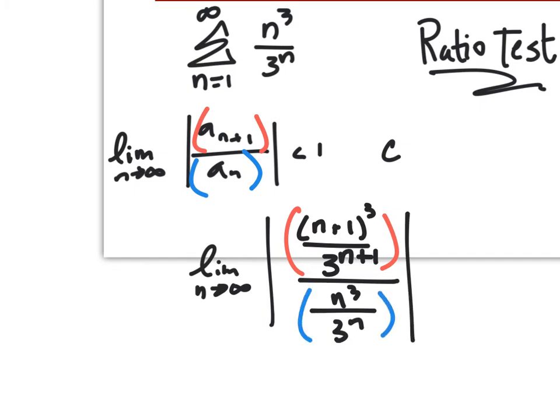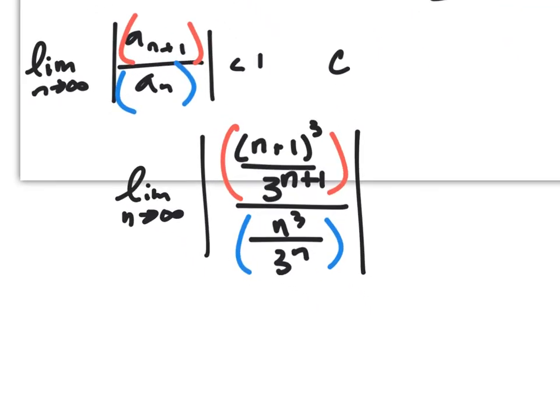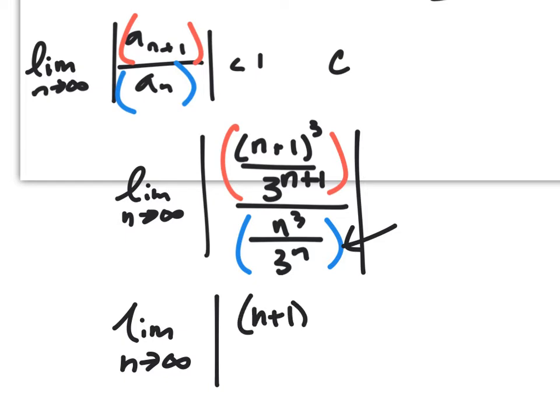This is one of the only times I'll write it out this way; normally I write it as multiplying by the reciprocal of the denominator immediately. So, absolute value of n plus 1 cubed over 3 to the n plus 1, times the reciprocal of the lower expression, which is 3 to the n over n cubed.